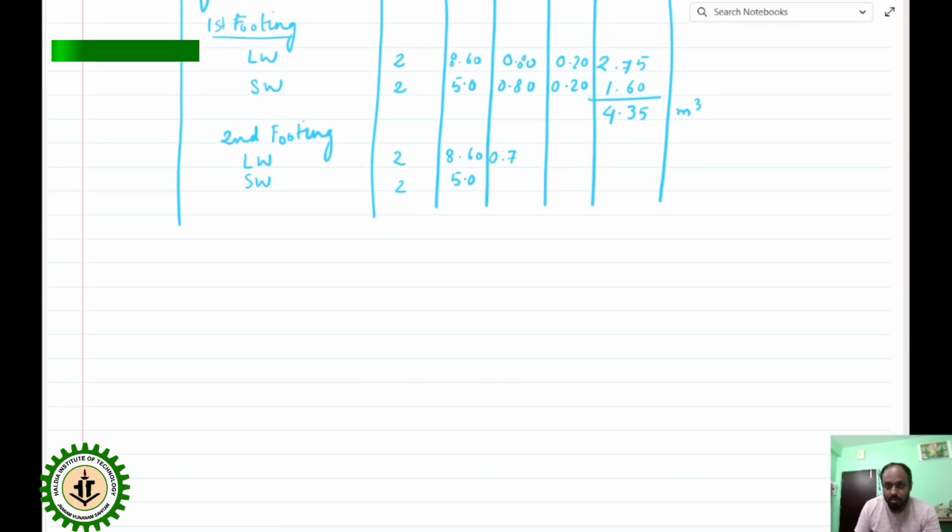So 0.70, 0.20, 0.40, 1.40. You will get 3.80 cubic meters.